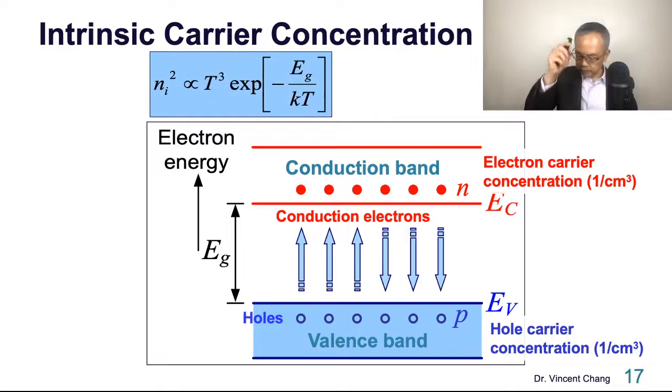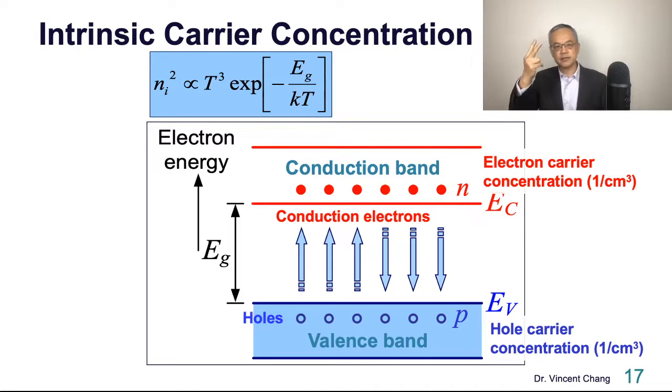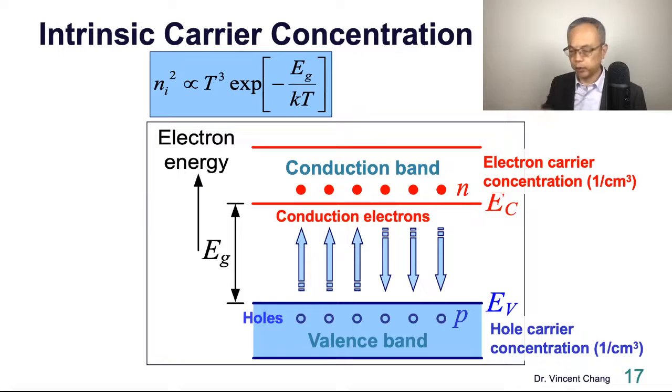So finally, I'm going to close this lecture. But before we close, I want to remind you, ni is strongly dependent on two things. Number one, temperature. When temperature goes up, ni goes up quickly.